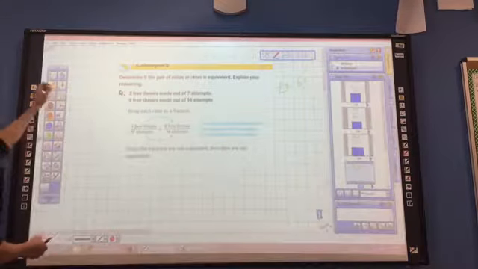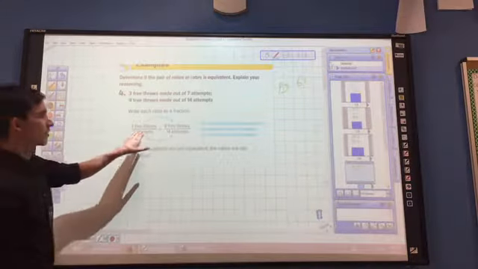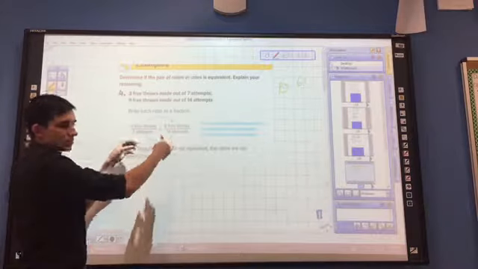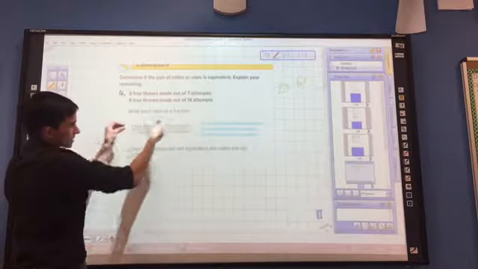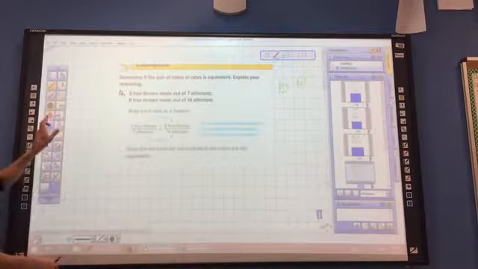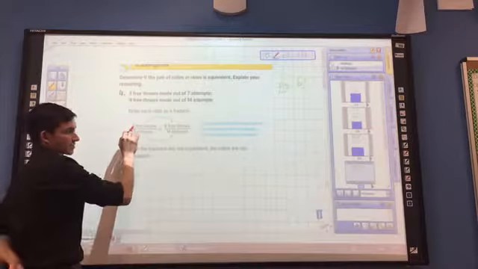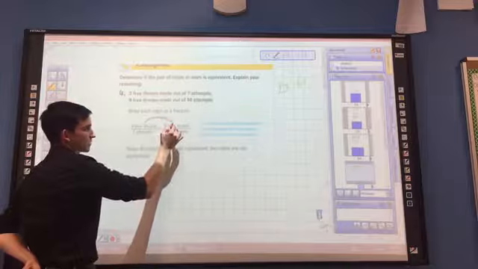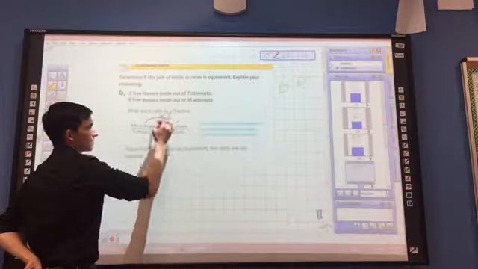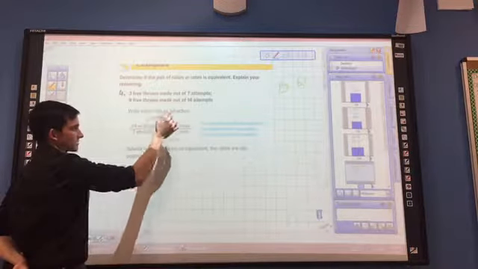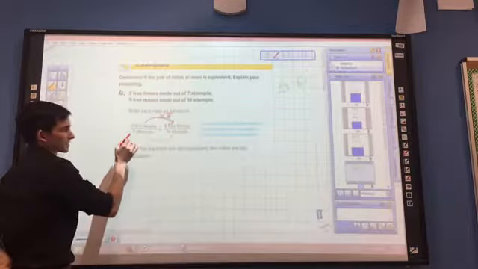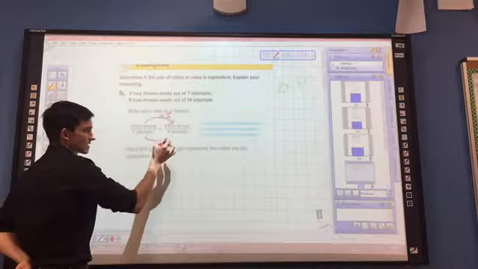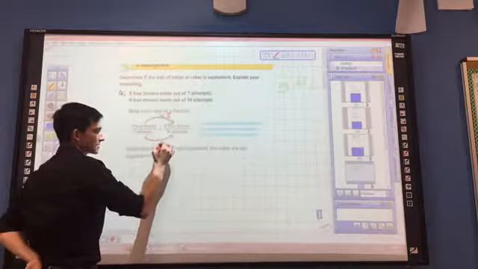Now think about how your denominators relate to each other and your numerators relate to each other. This one has 3 free throws and that one has 9, so you multiply by 3. 3 times 3 is 9. Now, to get from 7 to 14, it's times 2.